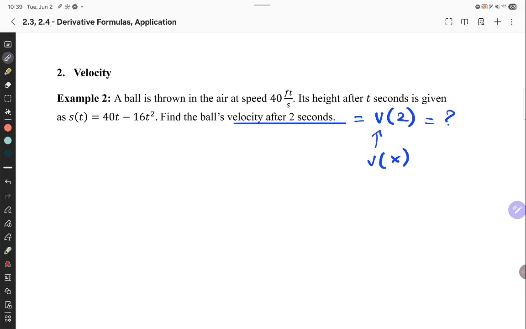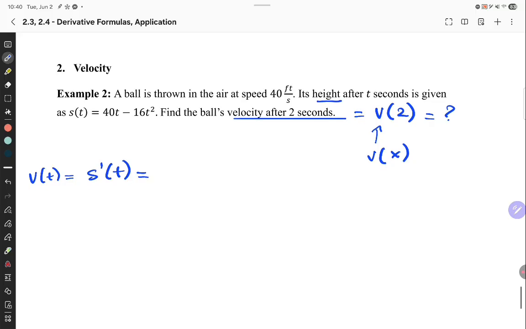And we learned that velocity is the derivative of the position or the distance or the height. In this particular problem it is the height. Because we learned the formula, we're not going to do the limit. Somebody give me the answer right away. That would be 40 minus 32t. How beautiful is that, right?